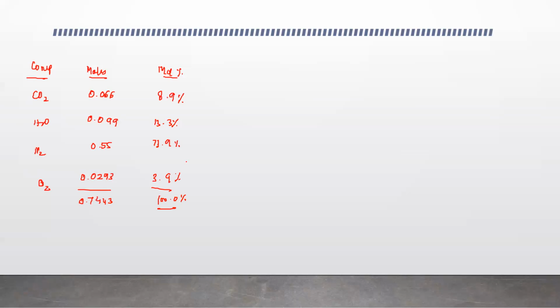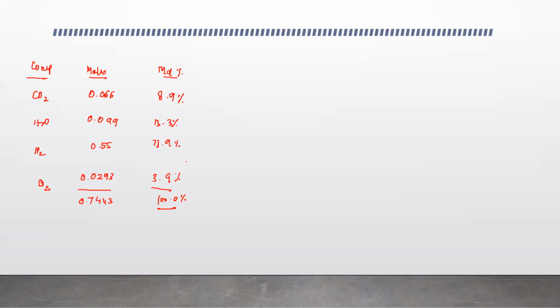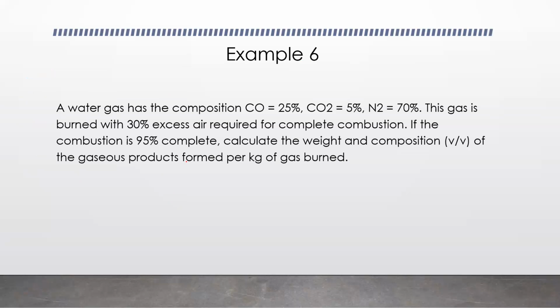This is the flue gas composition. Was anything else asked? No, that was all: calculate the flue gas composition leaving the furnace and the quantity of gas leaving. So this is the quantity of gas and this is the flue gas composition. Hope you are clear with whatever has been done in this question. Then we move on to the next problem.